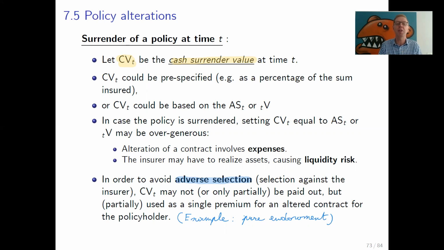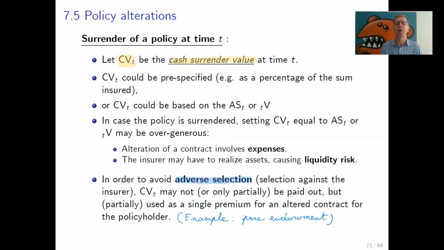The insurer can only give it to you by selling some of his assets, and this eventually causes liquidity problems. There is another concern, that's adverse selection. In order to avoid adverse selection, or selection against the insurer, the cash surrender value may not be paid out, but used as a single premium for an altered contract for the policyholder. Or it may only be partially paid out and partially used as a single premium for an altered contract. What does that mean?